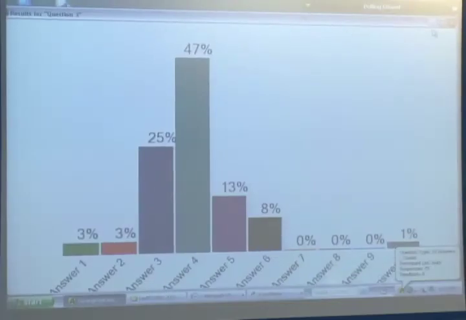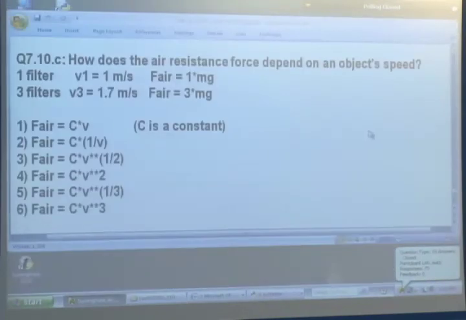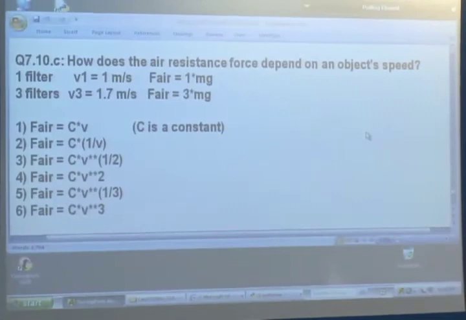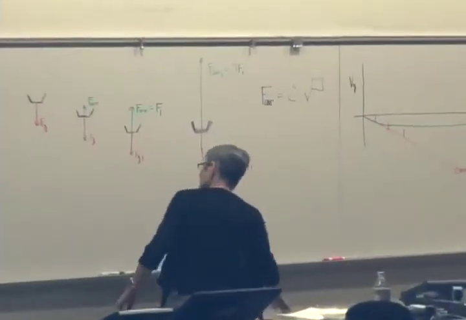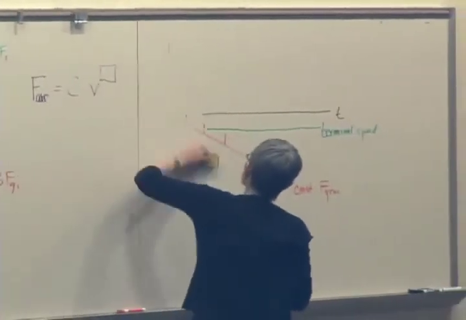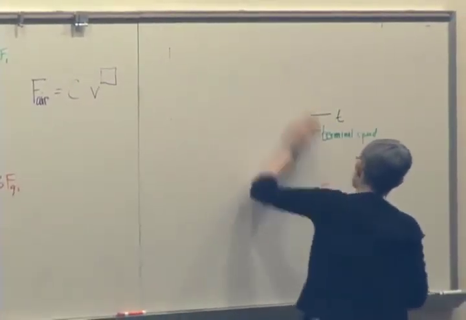Okay, well, the most popular answer is 4. We've also got a 3. So how do we think about this? How do we use these data to figure this out? This is really a case where proportional reasoning kicks in.